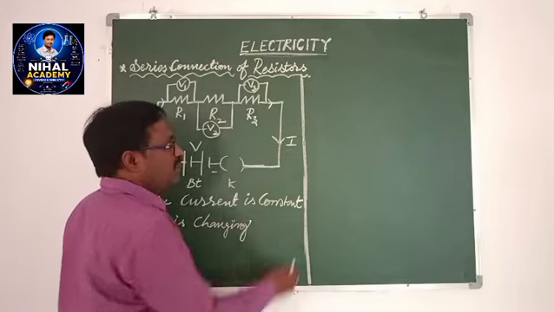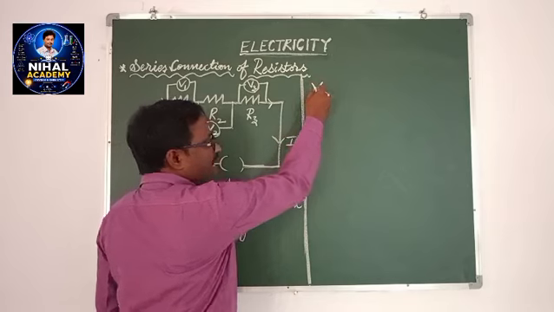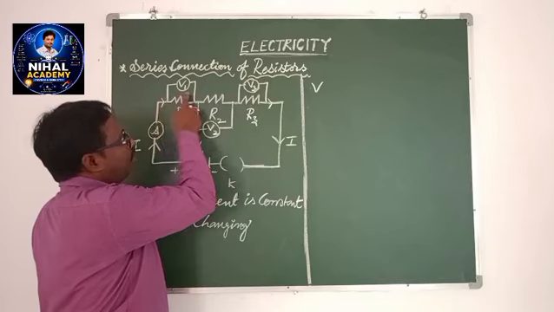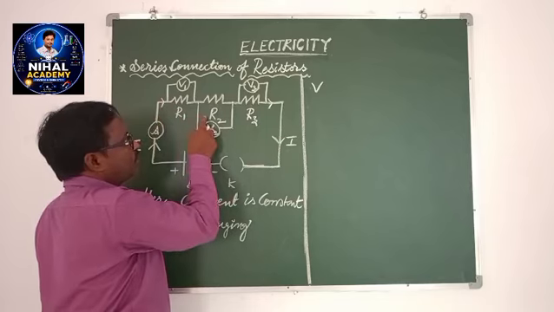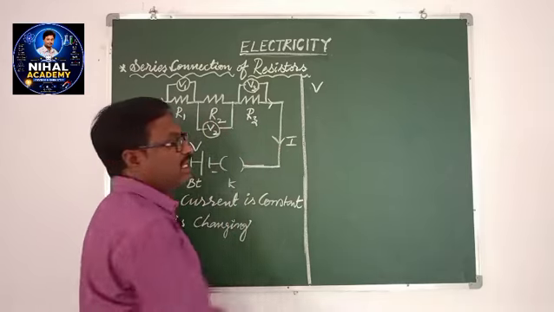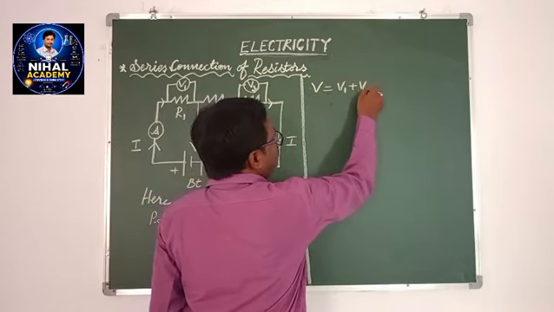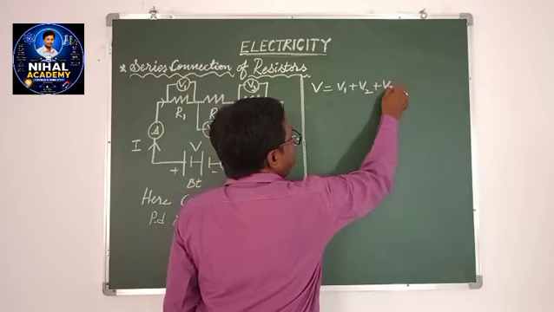So we can write that the total potential difference at the battery, V, is equal to the sum of all the potential differences at R1, R2, R3 respectively. So V is equal to V1 plus V2 plus V3.